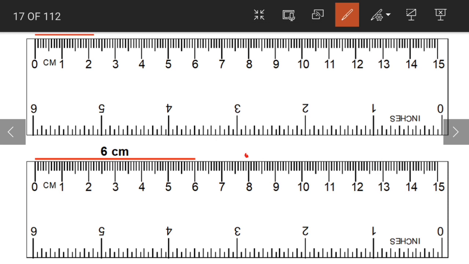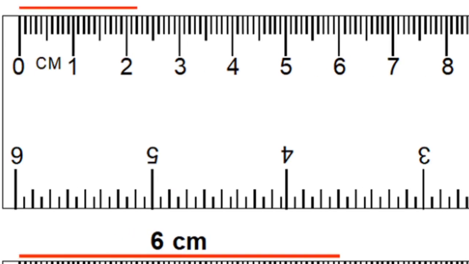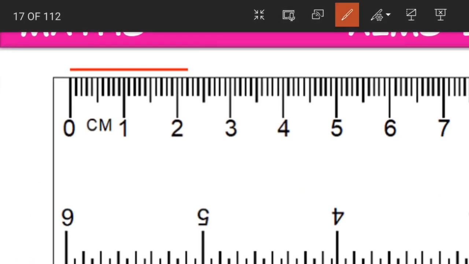So the length of this line segment, which is starting at 8 centimeters and ending at 12, will be equal to 4 centimeters. Now again, if you look at the upper line segment here, children, it is starting at 0. So it is correct. It is not starting at the edge, but it is starting at 0. Now for the other end point, where is it stopping?